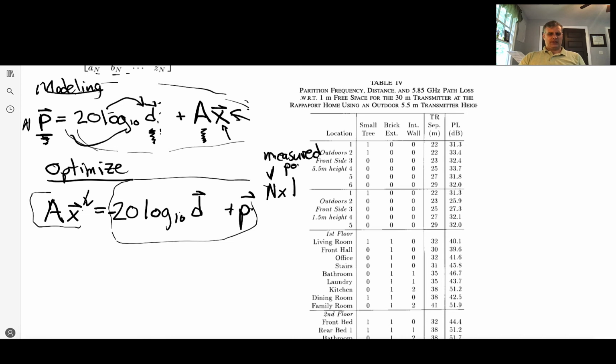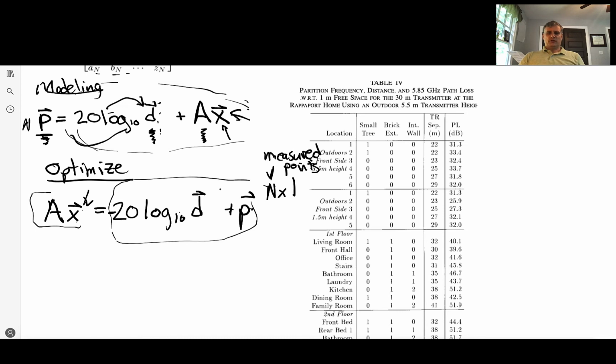And that is an over-constrained problem. Because if x only has 3 or 4 unknowns, and I've got a whole mess of data over here to calculate it, then I have to figure out a way to find the best solution.